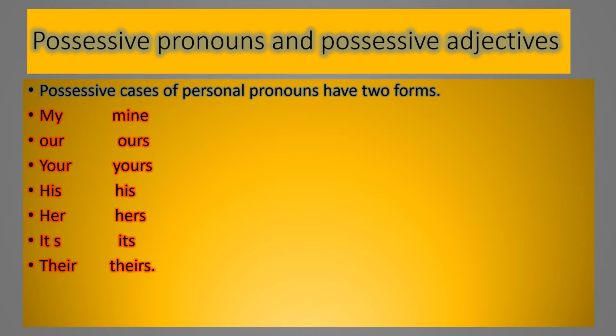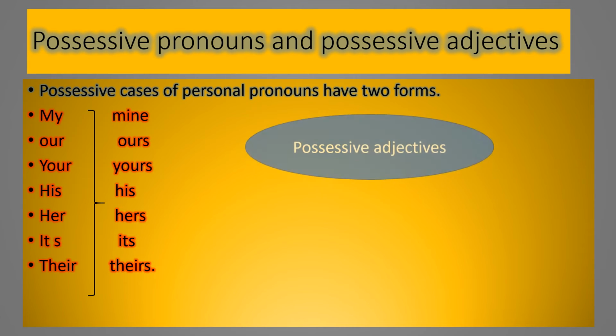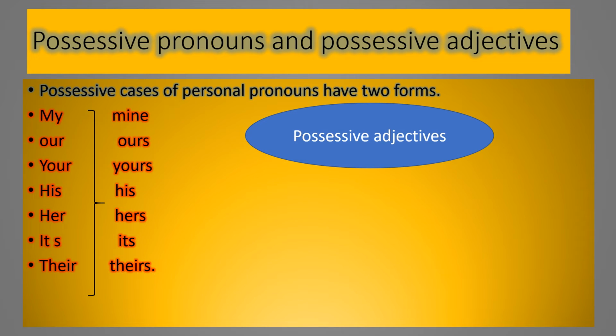Actually they are treated as possessive pronouns, but a little difference is there between these two forms, my, mine, our, ours. All the possessive cases of pronouns are not treated as possessive pronouns. Why? Let's know: my, our, your, his, her, its, their are named as possessive adjectives.